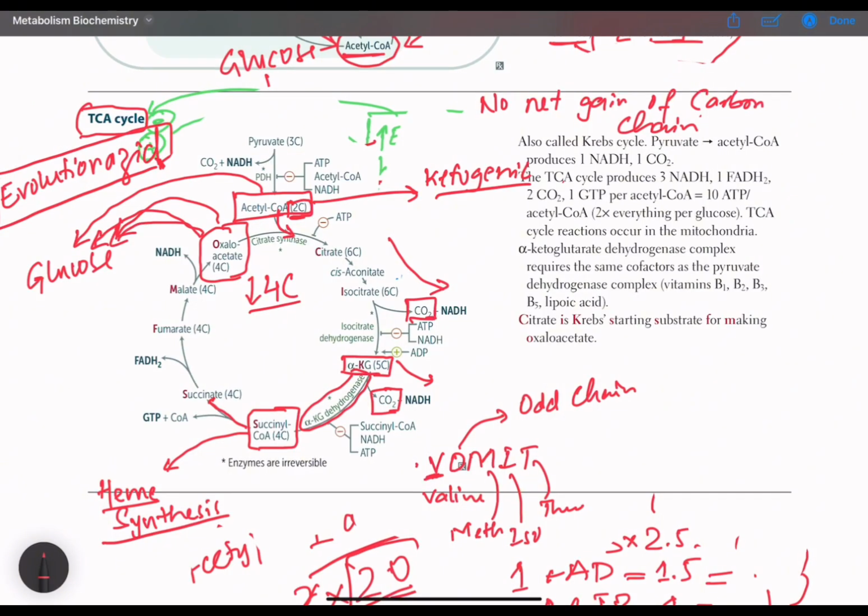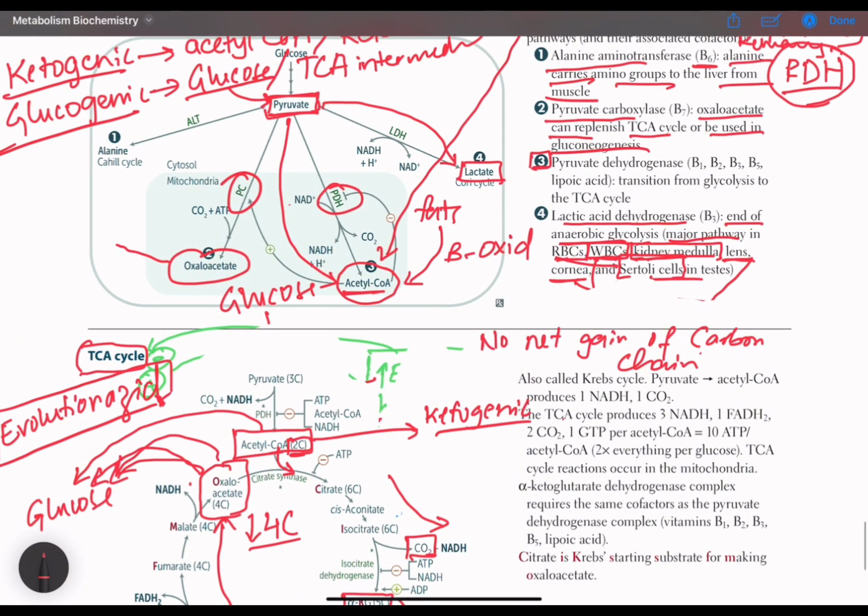They all are converted into methylmalonyl CoA, which can be converted into succinyl-CoA. Thus, they can be converted into oxaloacetate, and oxaloacetate can be converted into glucose.